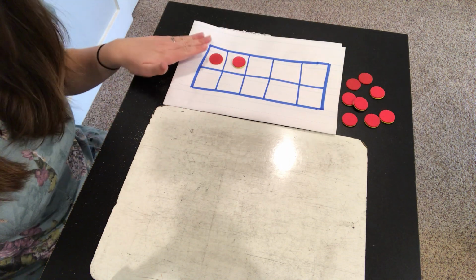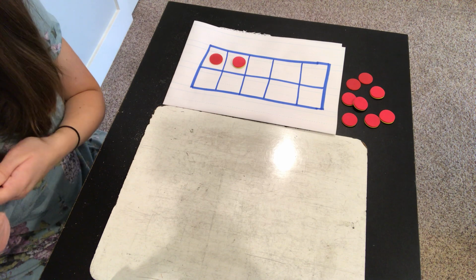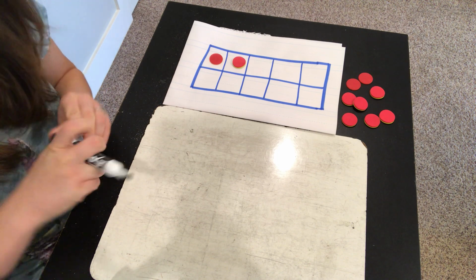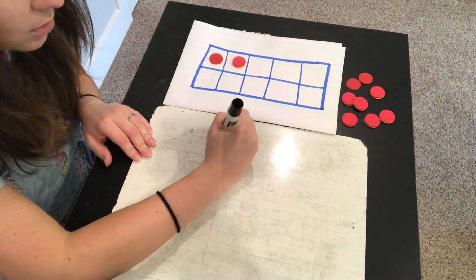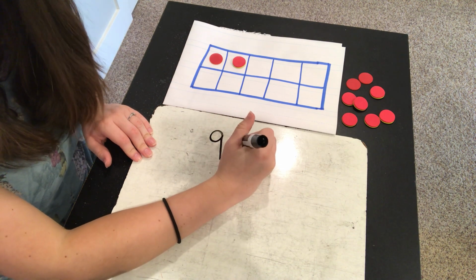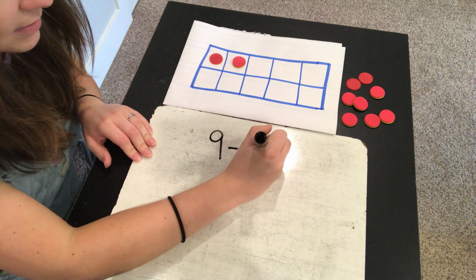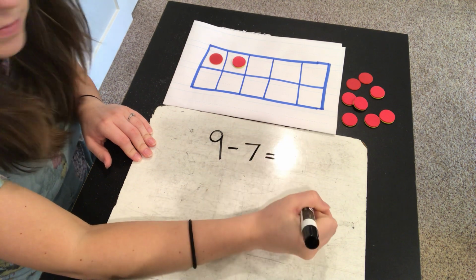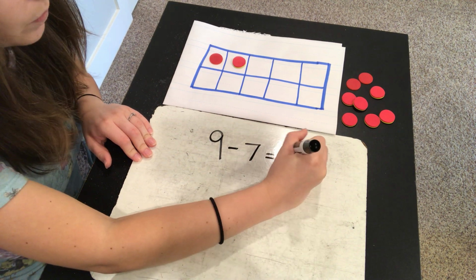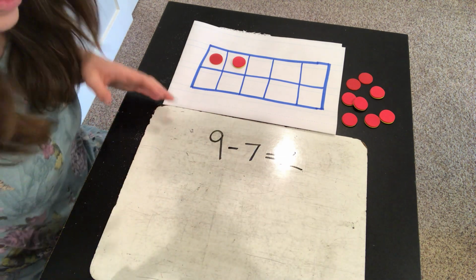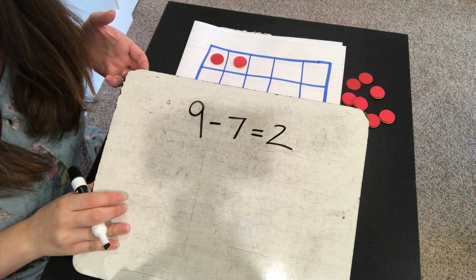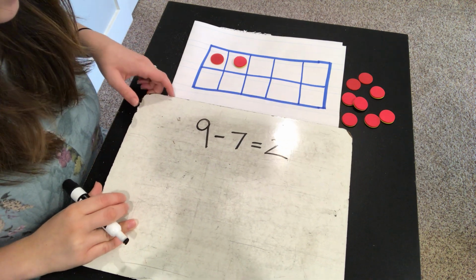So there are 2 left. My number sentence should say, we started with how many? She started with 9 cookies. And her friends ate 7, so 9 minus 7 equals 2. I know y'all can barely see that because there's a glare. There we go, 9 minus 7 equals 2.